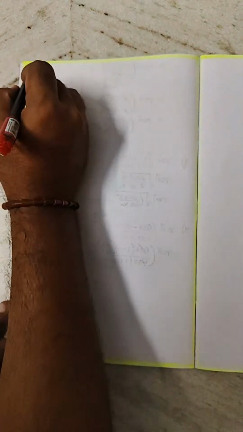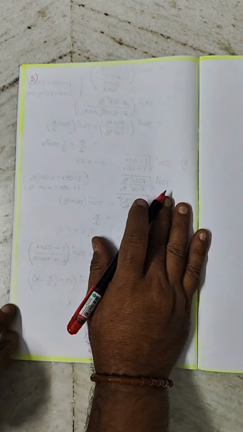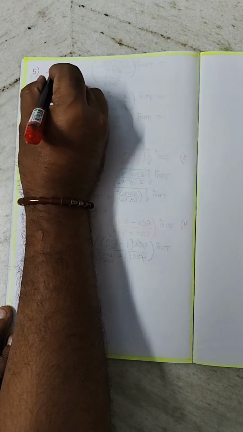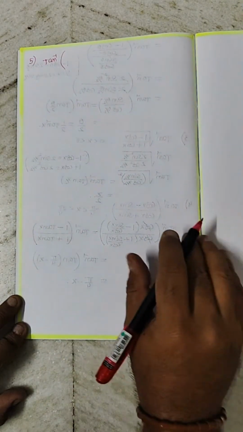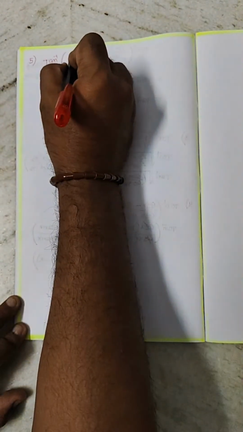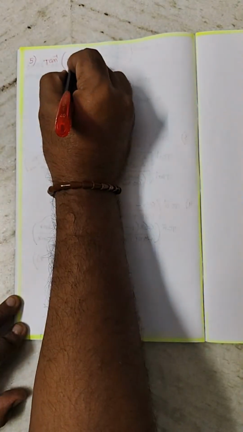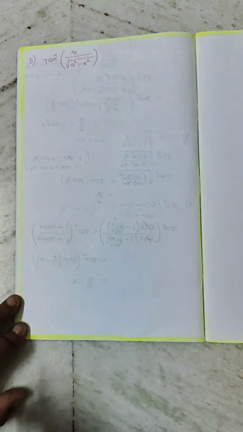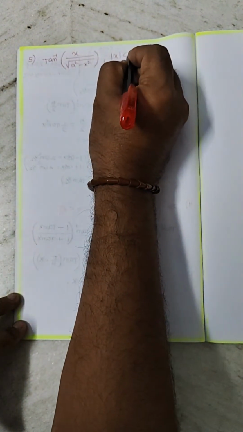The next question is the fifth one. Tan inverse of x by root over a square minus x square, where mod x is less than a.